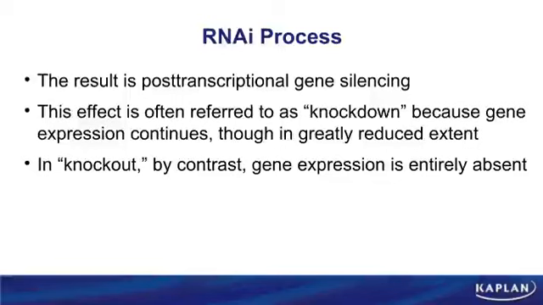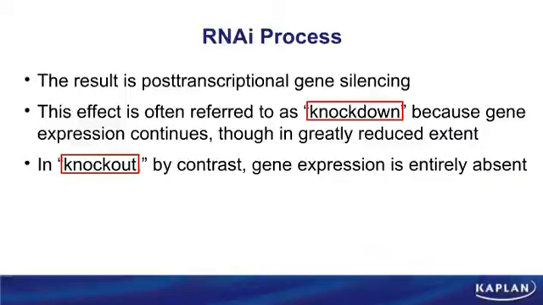This is referred to as knockdown. You're knocking down the expression of the gene. This is in contrast to another term called knockout, where the gene itself is disrupted. In gene knockout, by inserting nucleotides in the gene in a chromosome, the gene is effectively useless. That's called knocking out a gene.